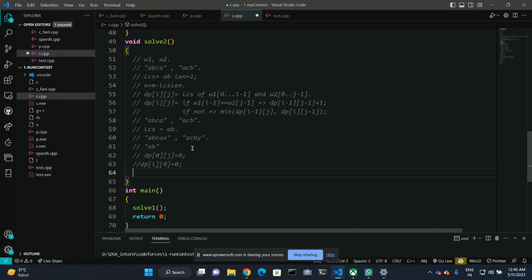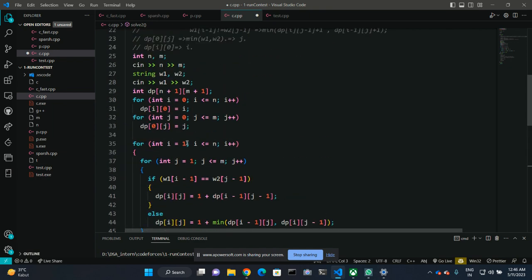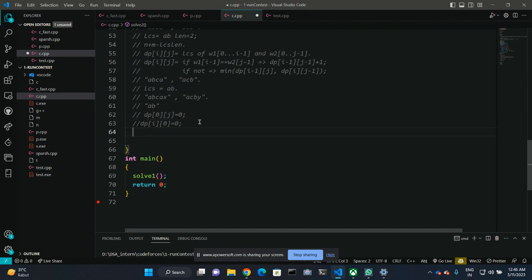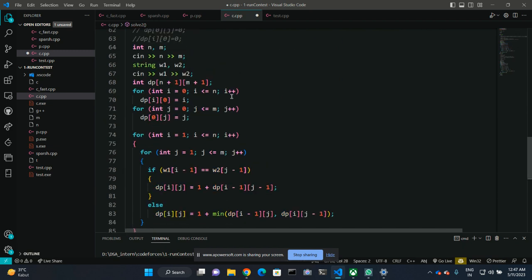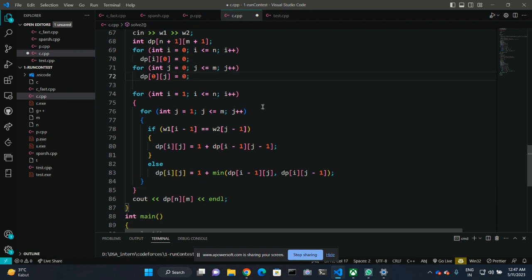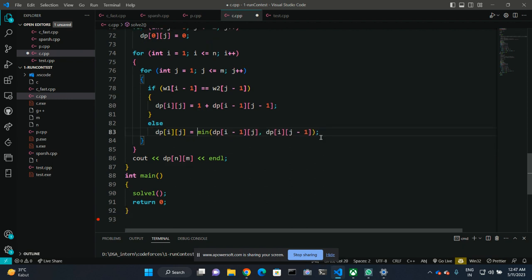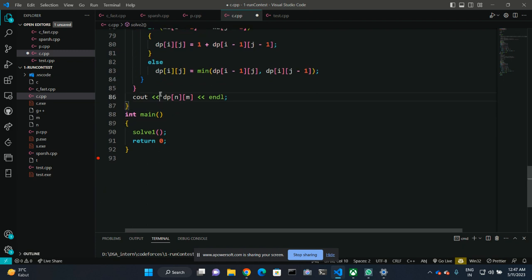Likewise dp of I, 0 will also be 0. Right? Then for the answer, same LCS thing: 1 plus dp of I minus 1, J minus 1 when equal, else minimum. So our answer will be N plus M minus LCS.